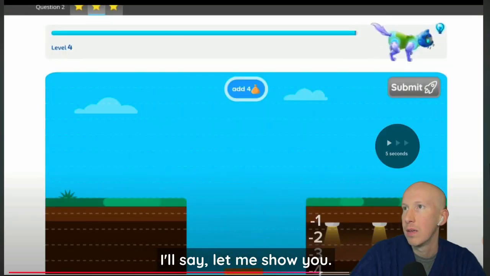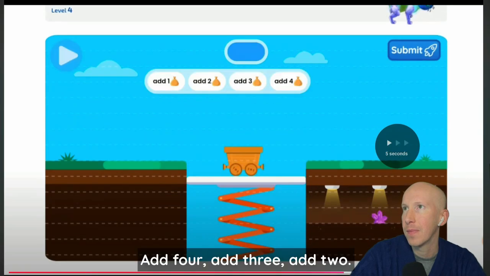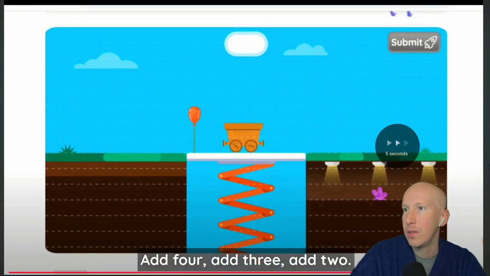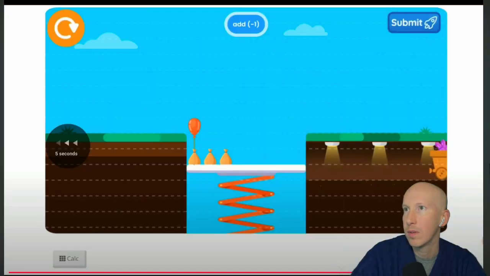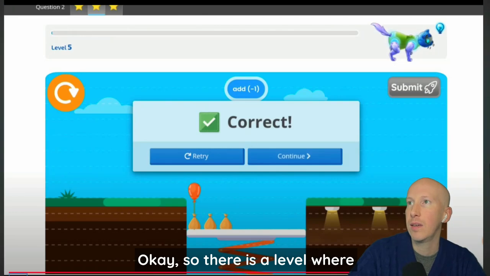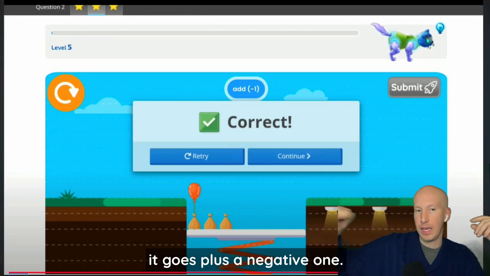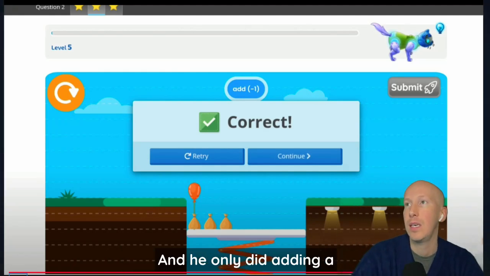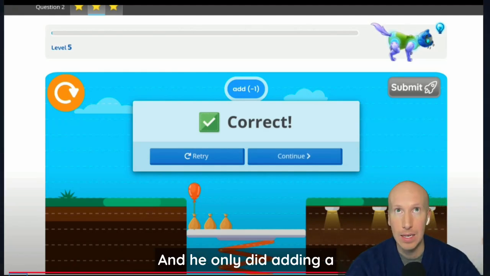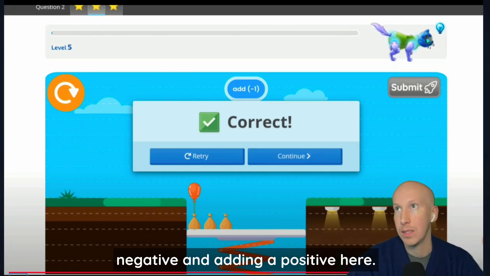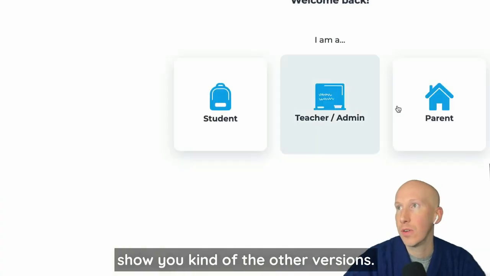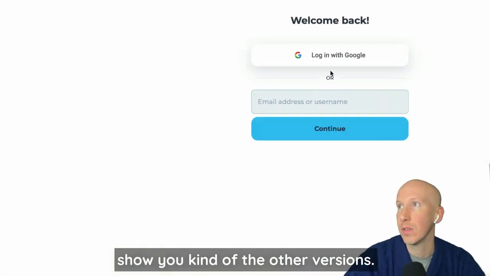Add 4, add 3, add 2. So there is a level where it goes plus a -1. So it's purely symbolic. So you get consecutive signs. And he only did adding a negative and adding a positive here. But let's jump on over and I can show you the other versions.